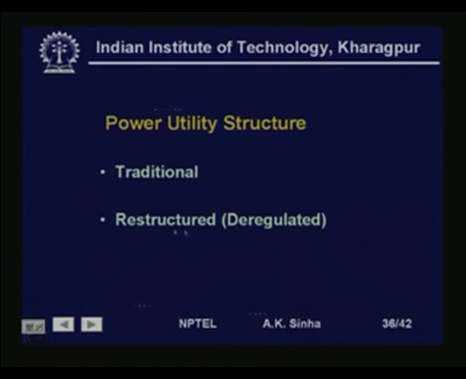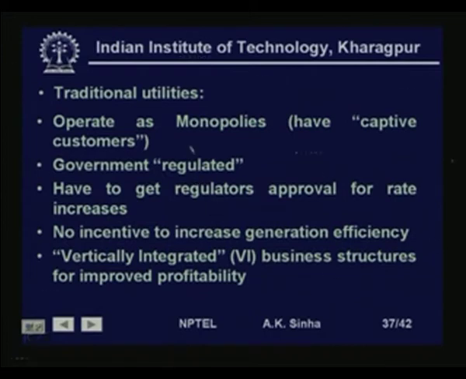Whereas in the new structure that is emerging, which we call the restructured or deregulated power system structure, these entities are unbundled, that is, they are made into separate entities which are controlled and managed separately. So, this is a change which is occurring in the power system structure.